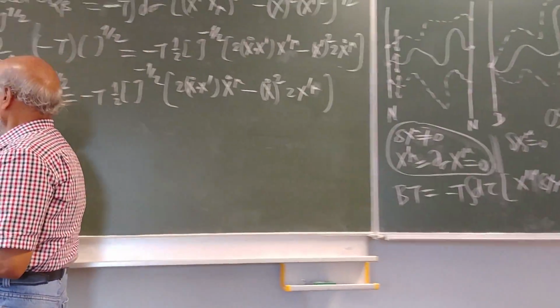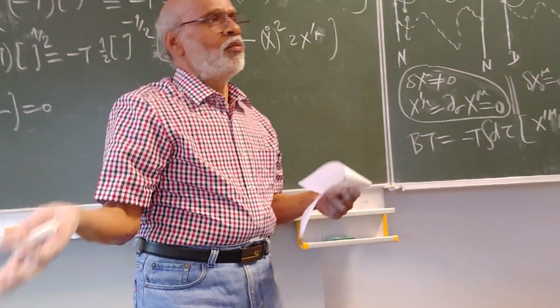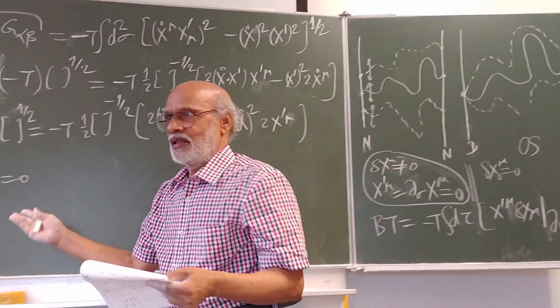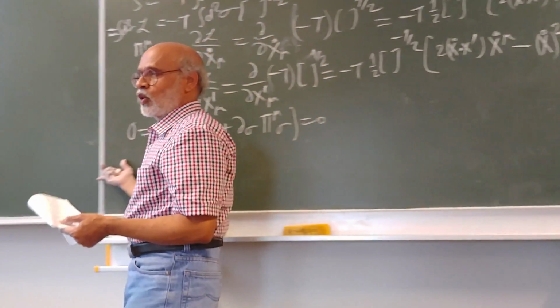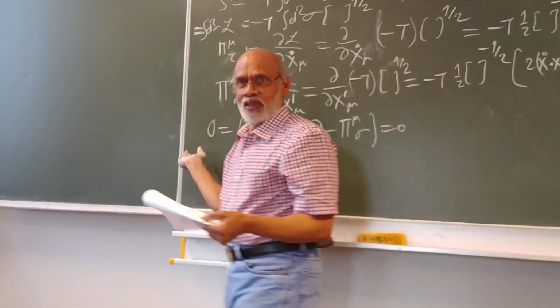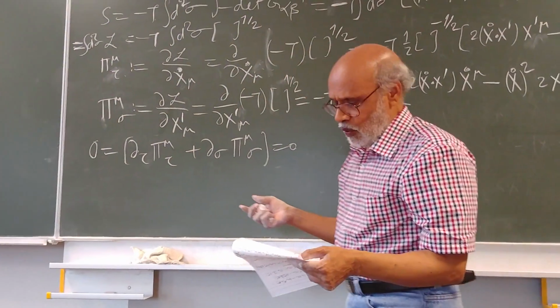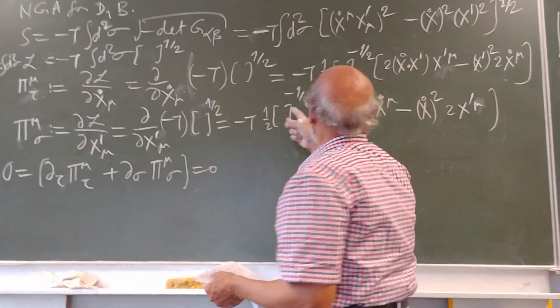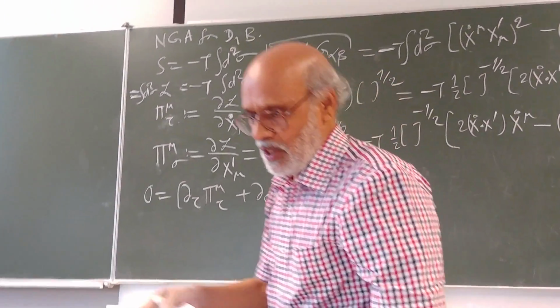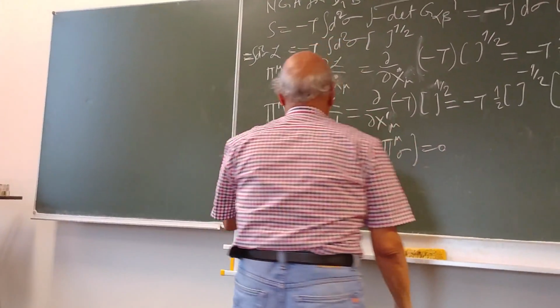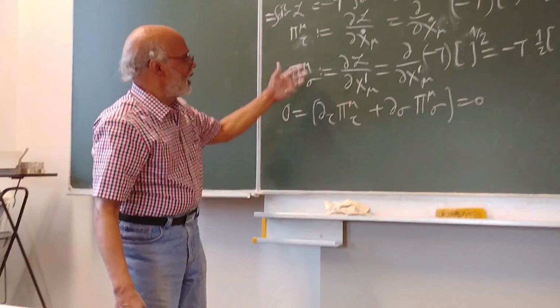This in fact would be the equation of motion for the action. This is what we are now going to prove. Here it looks quite obvious, even if we do not do it term by term.